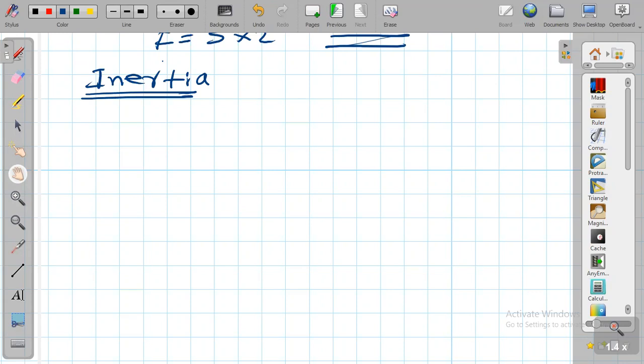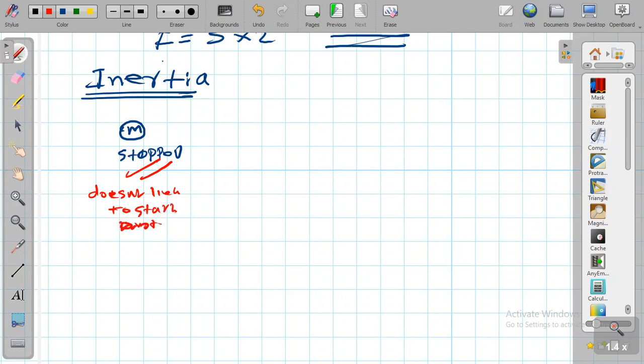Okay, reluctance to change. As an example, if this object is stopped, it doesn't like to, that means doesn't like to what? Start motion. Or in the other way, if it is moving with some velocity v, still what?